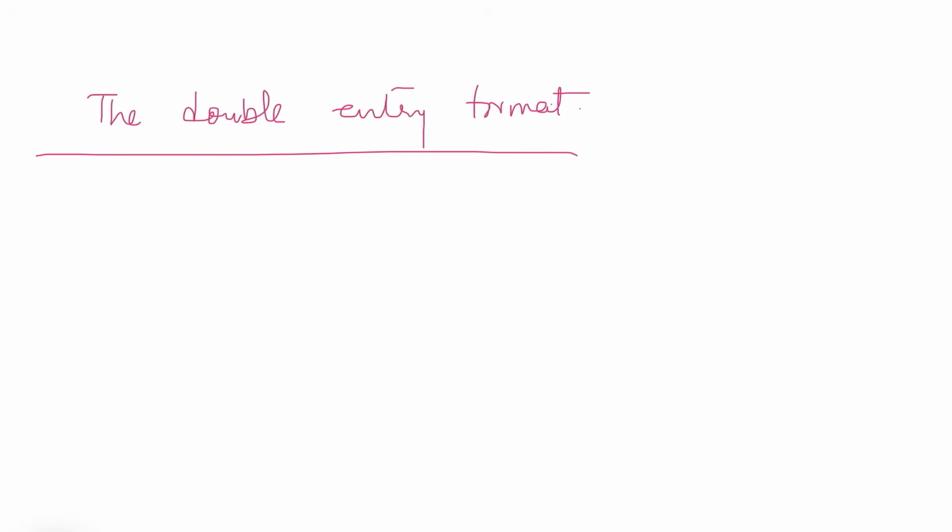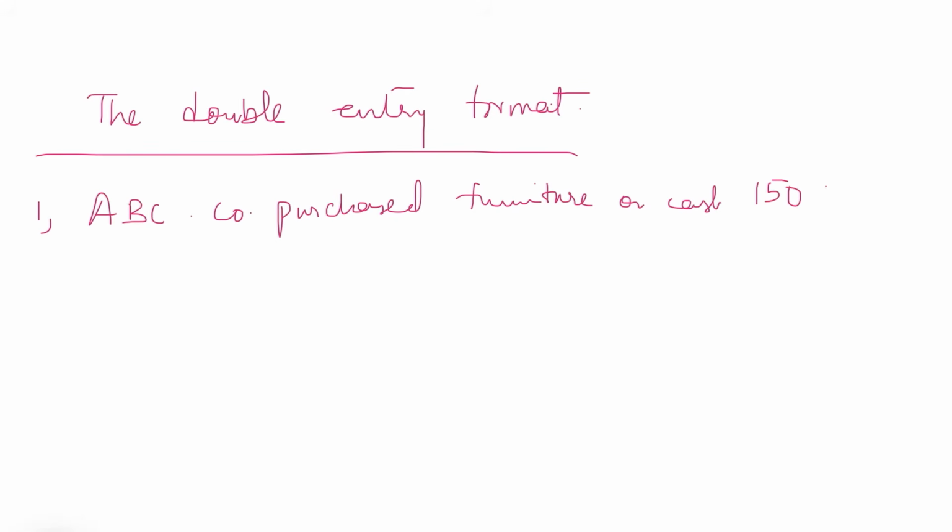Whenever a transaction occurs, for example, a transaction in a business occurs like ABC company purchased furniture on cash, $150, which is worth $150, right? So in double entry bookkeeping.